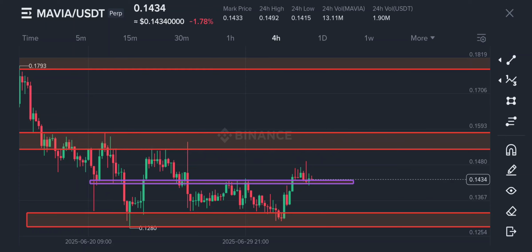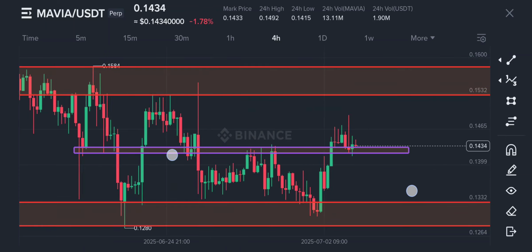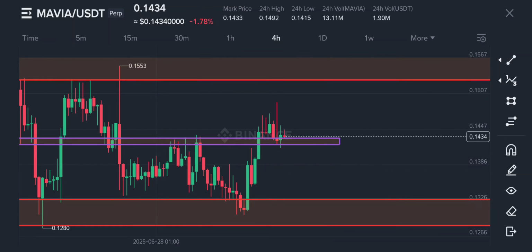Since I am expecting this, I want to point out that when you are taking a trade from your support and resistance, this is not an area where you use your full margin, because it can just break through it.